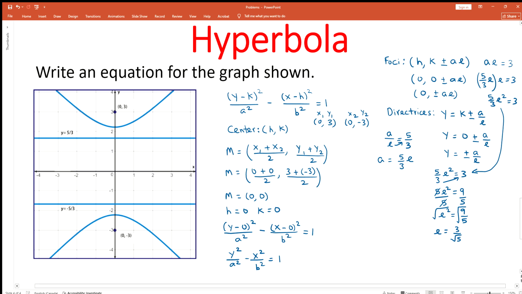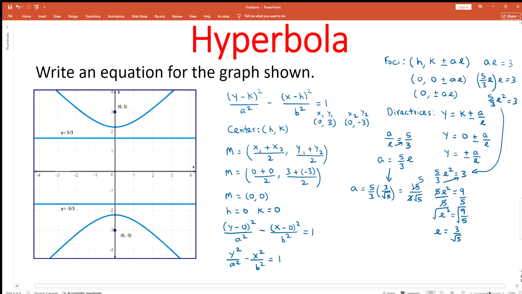Now we can use this value of e to find the value of a. So we'll use this equation. So we get a equals 5 over 3 times 3 over square root 5. Now we can multiply the fractions. We get 15 over 3 square root 5. We can reduce 3 and 15.